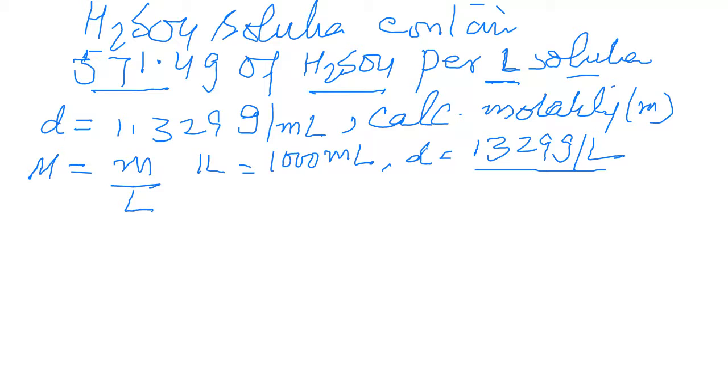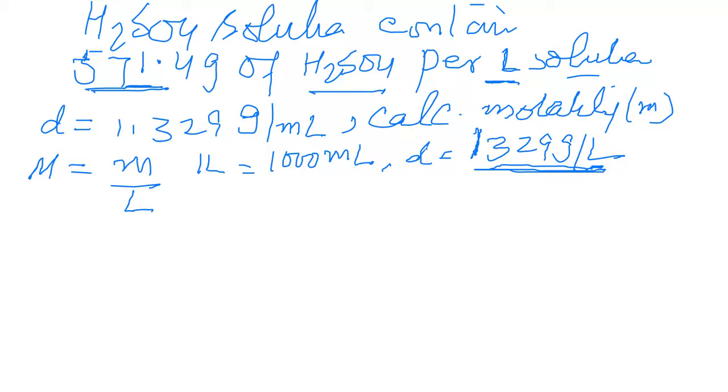Once we have this density, this much of gram should be present in 1 liter of this solution of H2SO4, right? This is the total solution, density means total solution. This much of gram in 1 liter of the solution.